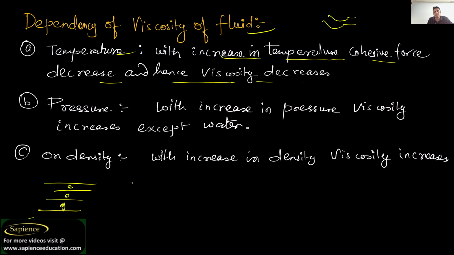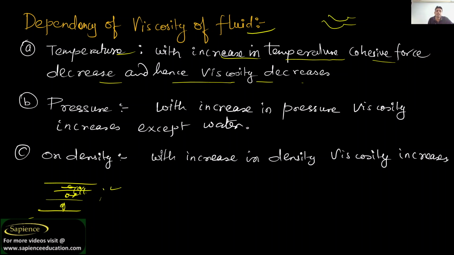There are two types of forces: cohesive and adhesive. Cohesive means attraction between the same particles, and adhesive means attraction between different particles, different types of material. Cohesive means the same type of material, that is, the same liquid has a cohesive force.